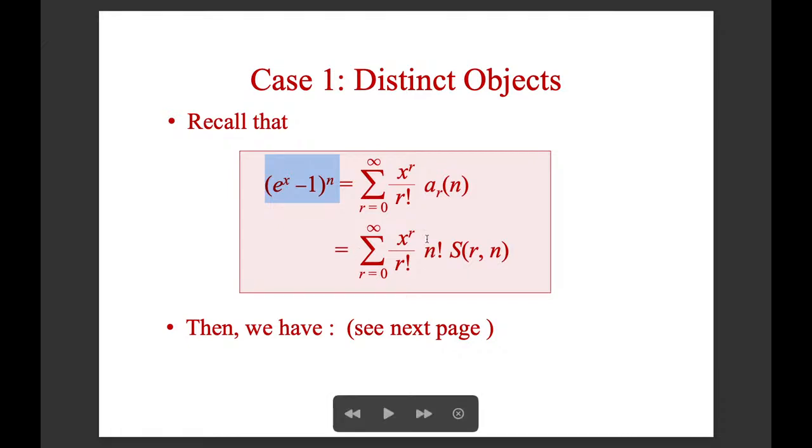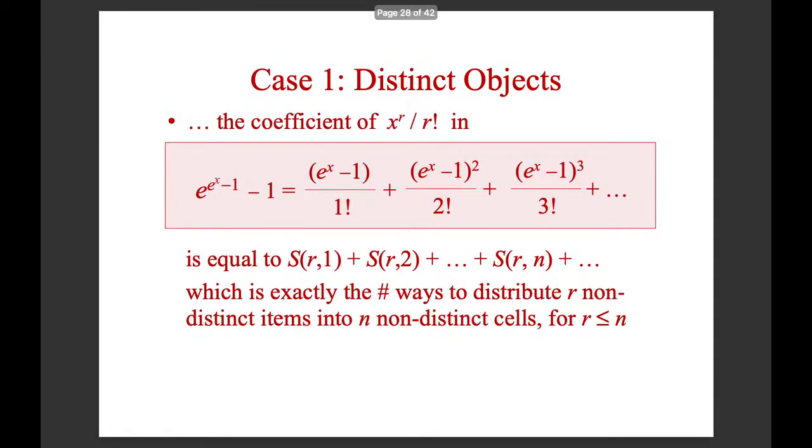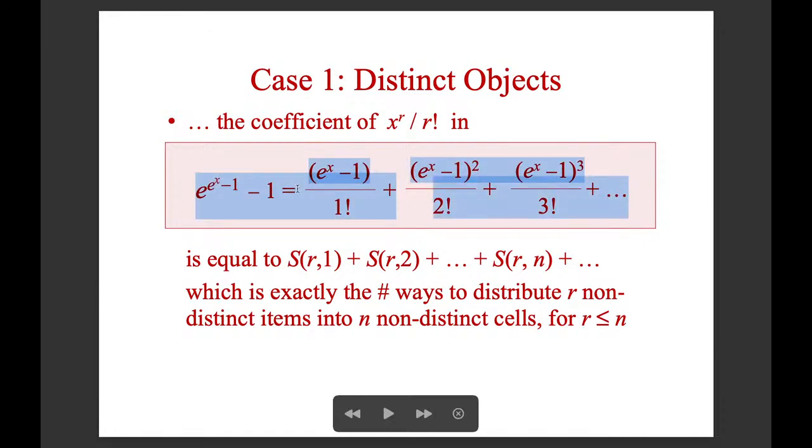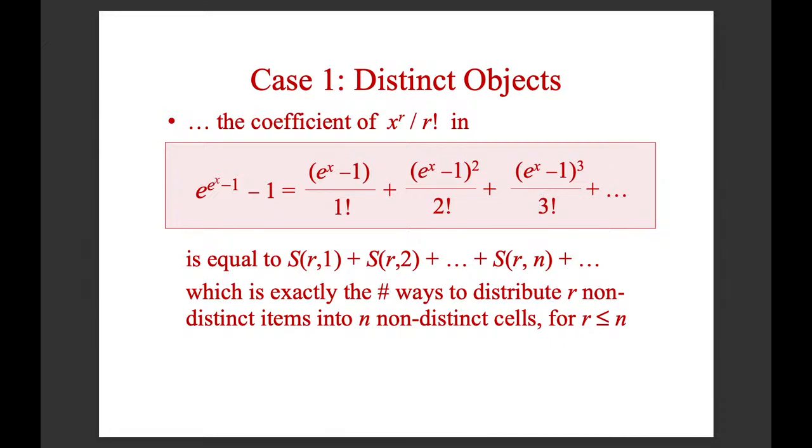But we just mentioned that the number of ways here, ARN, is n factorial multiplied by the Stirling number of the second kind, SRN. Based on this, if we check this particular formula, it is a very strange formula: (e^x minus 1) divided by 1 factorial, (e^x minus 1) squared divided by 2 factorial, (e^x minus 1) cubed divided by 3 factorial, and so on and so forth.